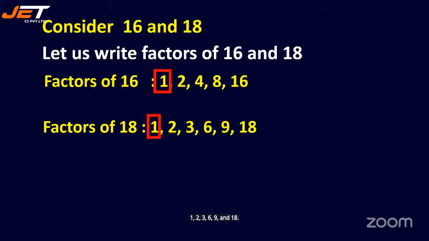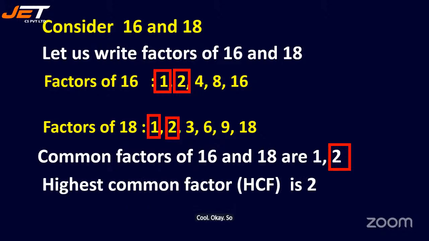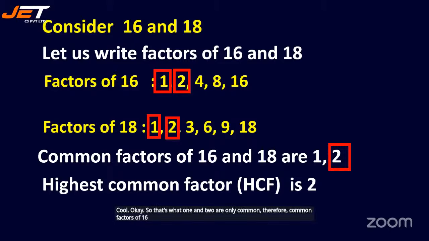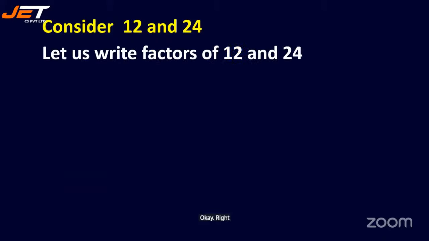In this, you just have to circle the common ones, which are 1, 2. That's all. 1 and 2 are the only common ones. Therefore, the common factors of 16 and 18 are 1 and 2. In this, the highest factor is 2. Right. Next, 12 and 24.